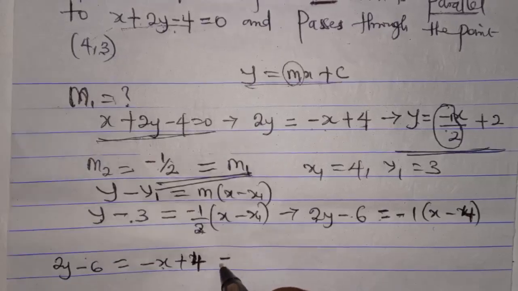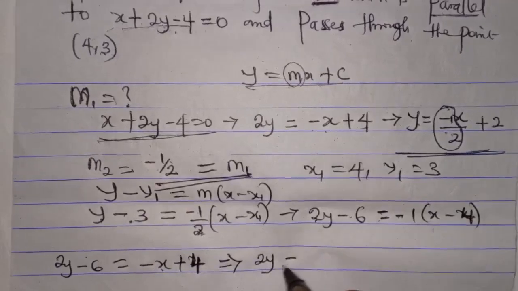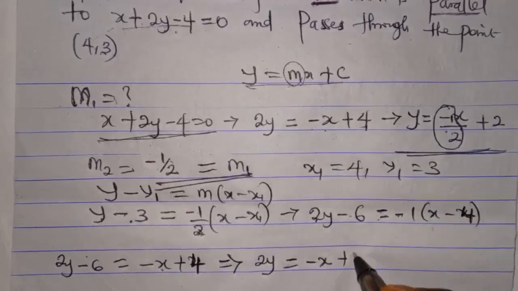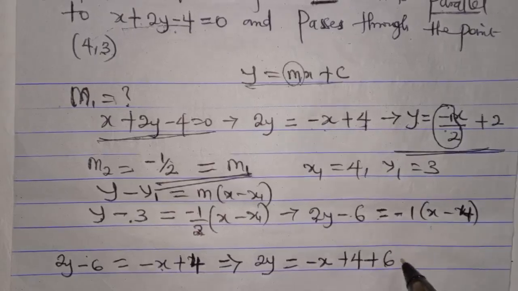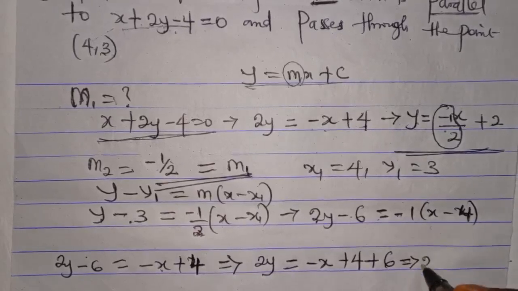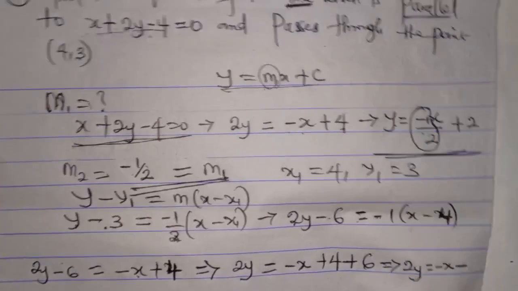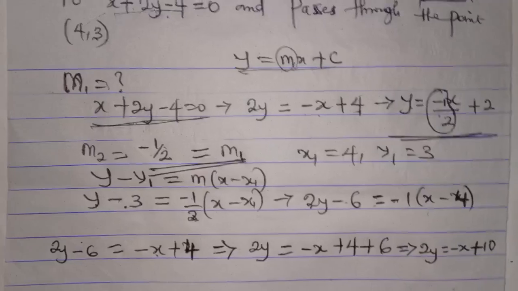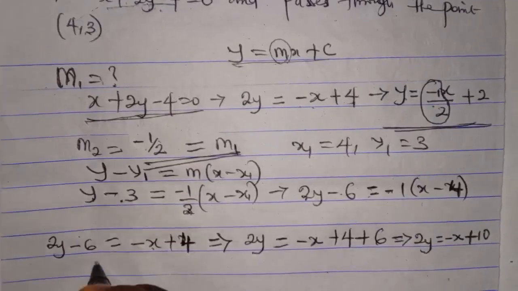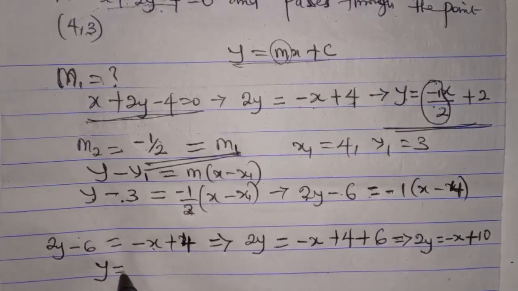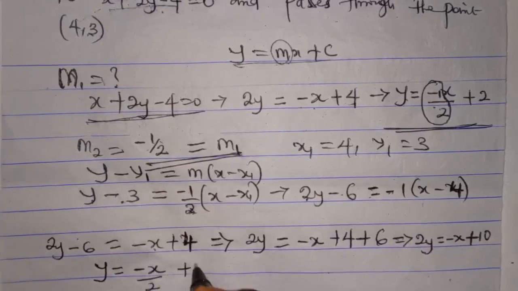So if I make y the subject, 2y will be standing alone, and we have minus x plus 4. Minus 6 will cross and turn to a plus 6. So that 2y is equal to minus x plus 10. Right? Dividing both sides by 2, y is equal to minus x over 2 plus 5.